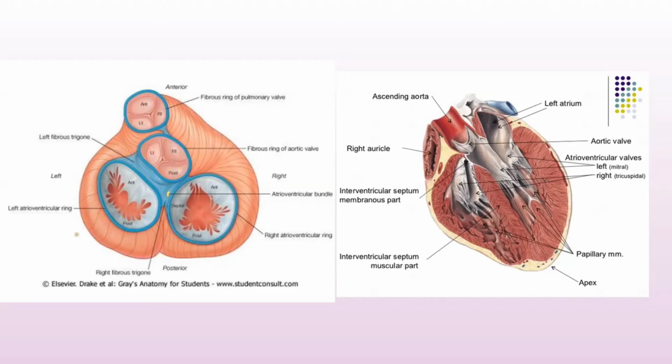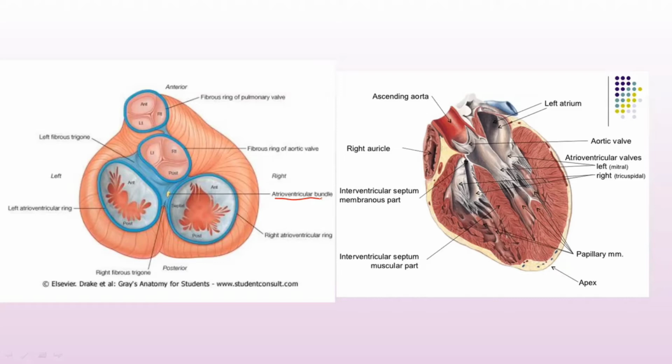Now look at this picture. This is the fibrous skeleton of the heart. This whole blue colored area is the fibrous skeleton of the heart, and this is the location of the atrioventricular bundle, which passes through the fibrous skeleton of the heart.